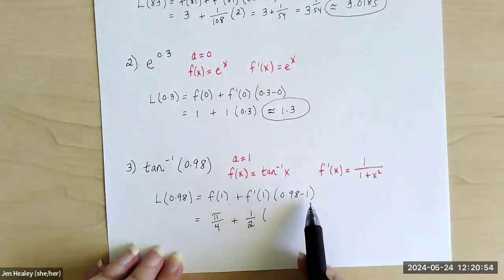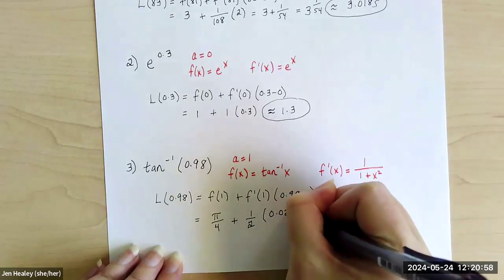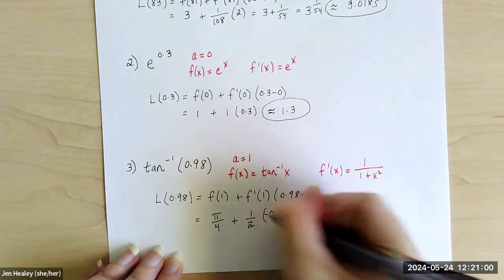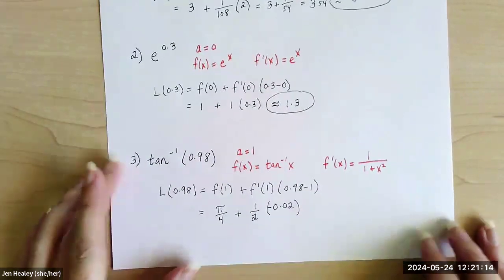And then 0.98 minus 1 is 0.02, and it's negative because 0.98 is smaller. You don't need a calculator, I promise. What's half of 0.02? 0.01. Yeah, so it's negative 0.01.